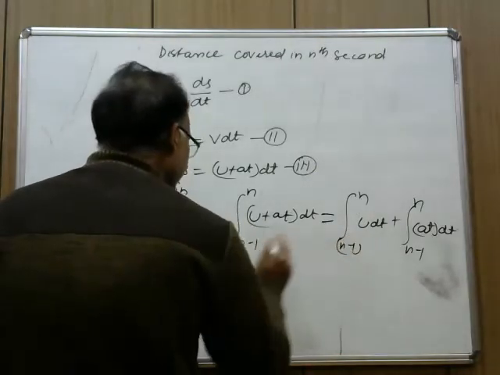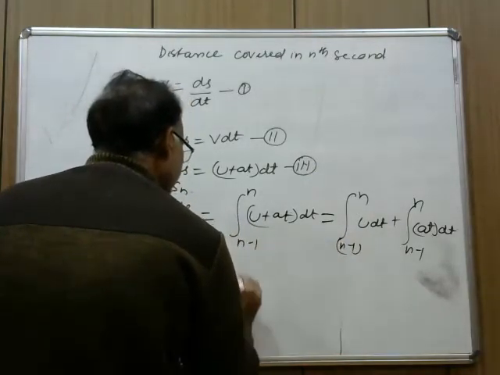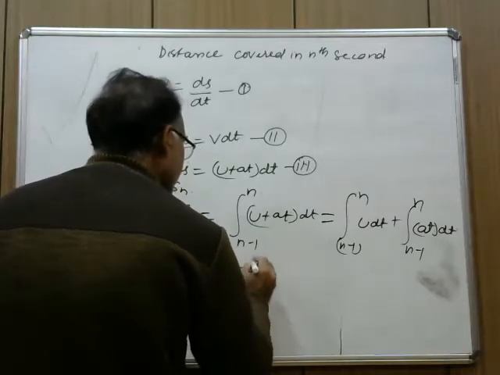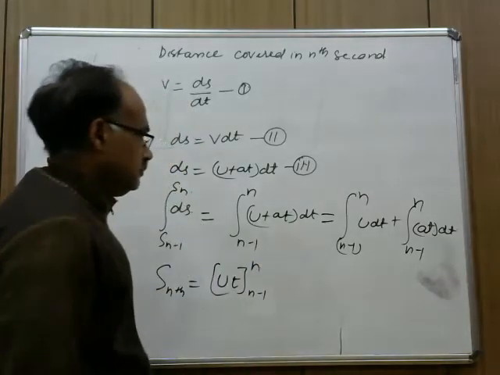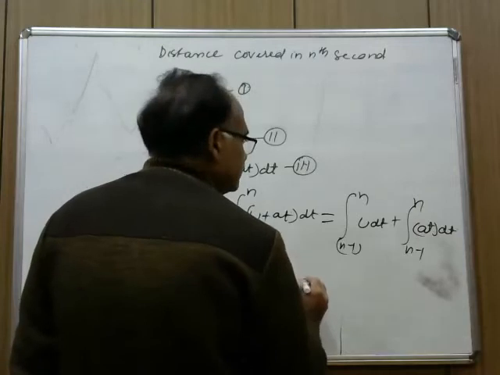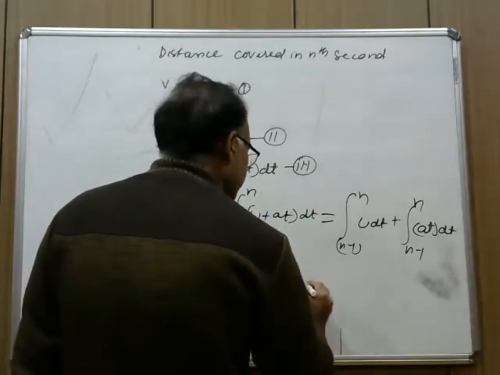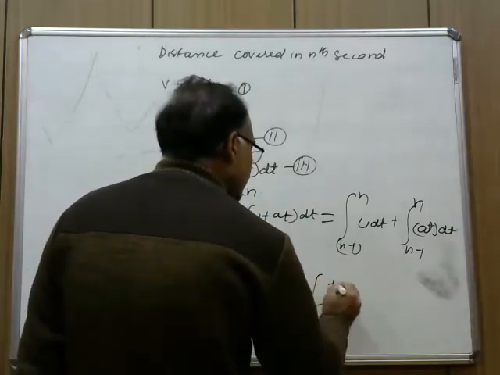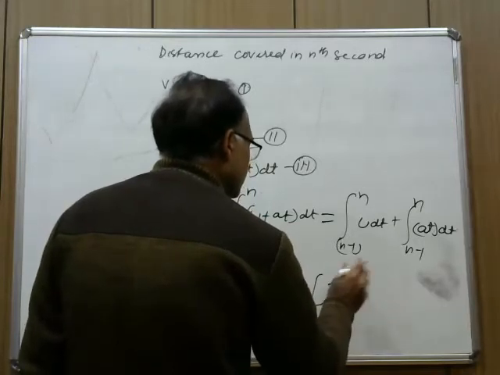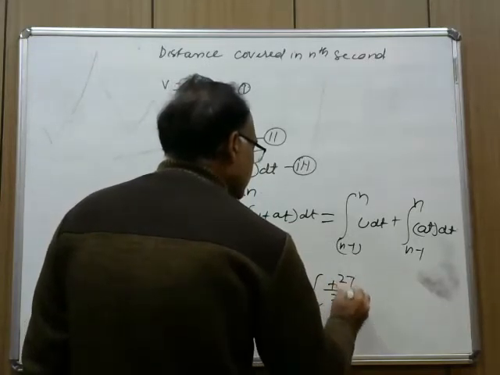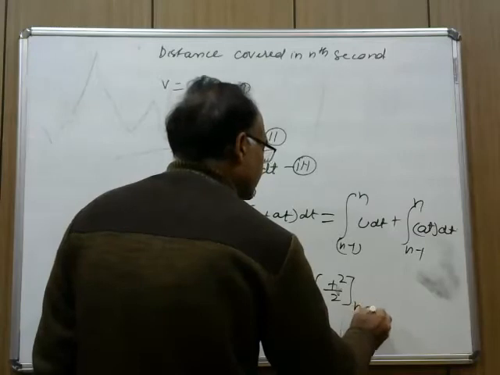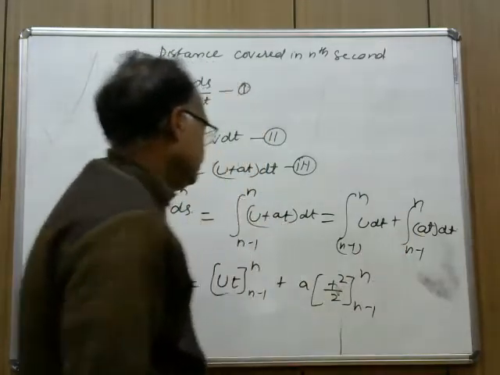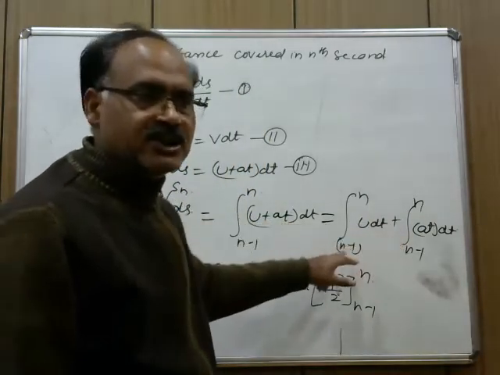Integration of u dt will be ut, in bracket limit n minus 1 to n, plus the integral of at, which gives a t square by 2, limit n minus 1 to n. Already we have done this integration.